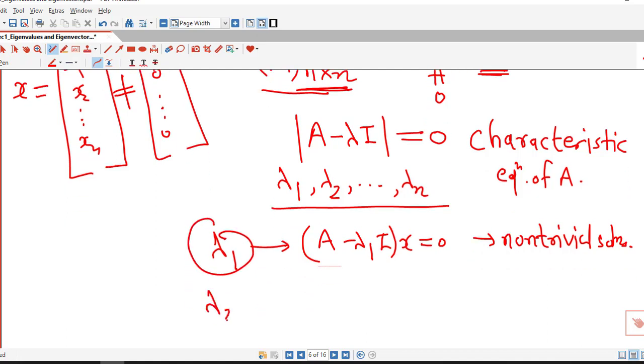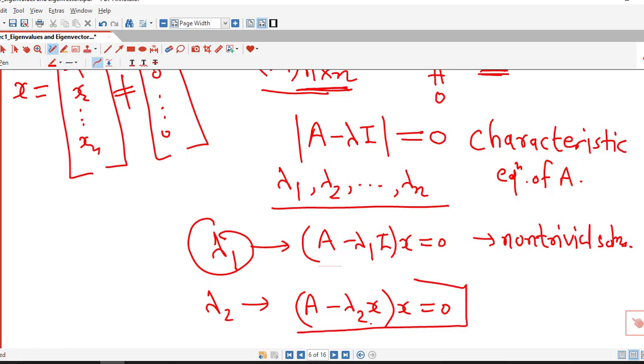Similarly, for lambda 2, we solve the system corresponding to lambda 2. The non-trivial solutions of this system are nothing but eigenvectors corresponding to eigenvalue lambda 2. So in this way, for each eigenvalue we will solve the corresponding homogeneous linear system.